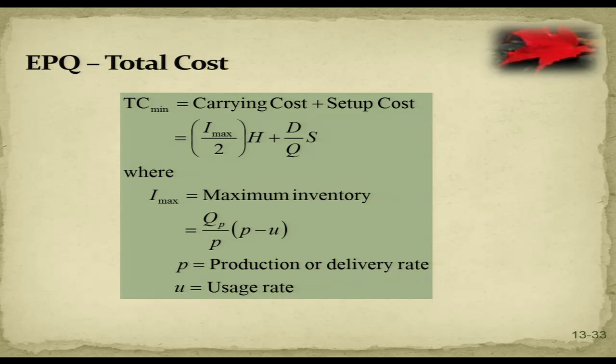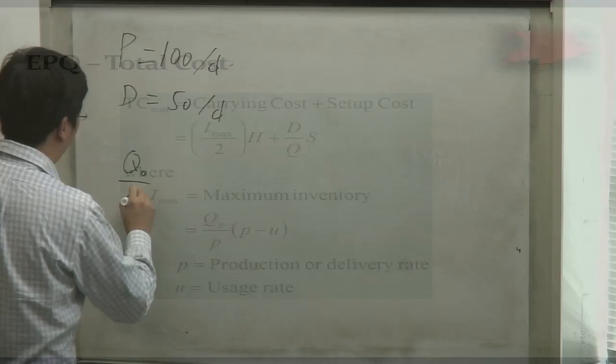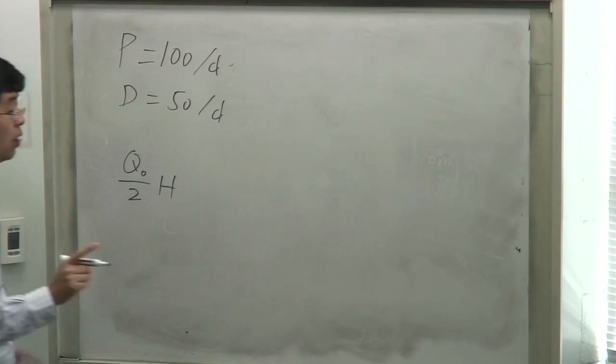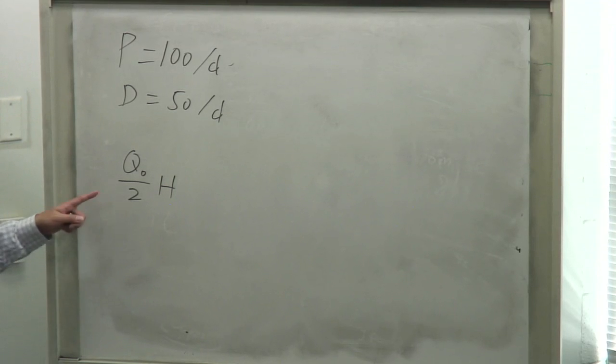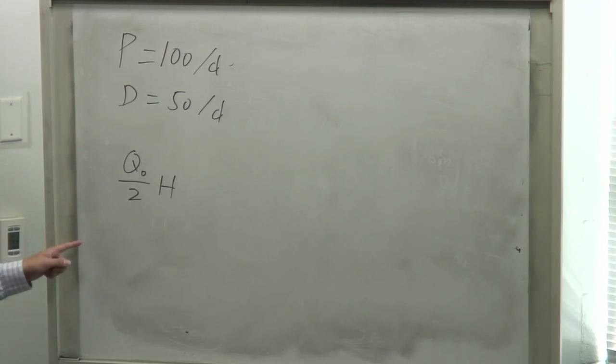The hard part for EPQ is to calculate the carrying cost, or the holding cost. For EOQ, if you still remember, the holding cost is very straightforward: Q divided by 2 times H, because the average inventory level is nothing but Q over 2. You place an order up to Q and you consume the amount until 0.